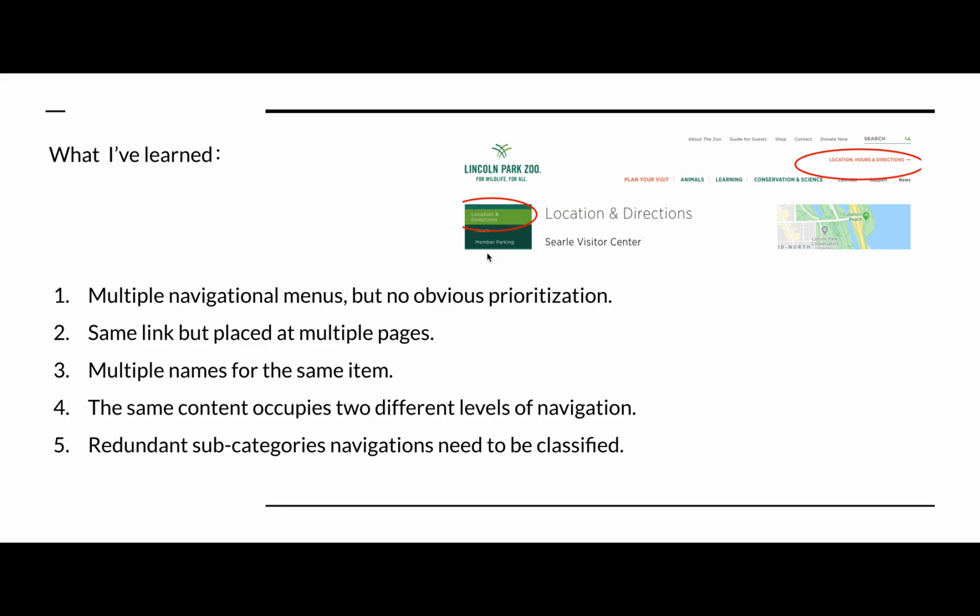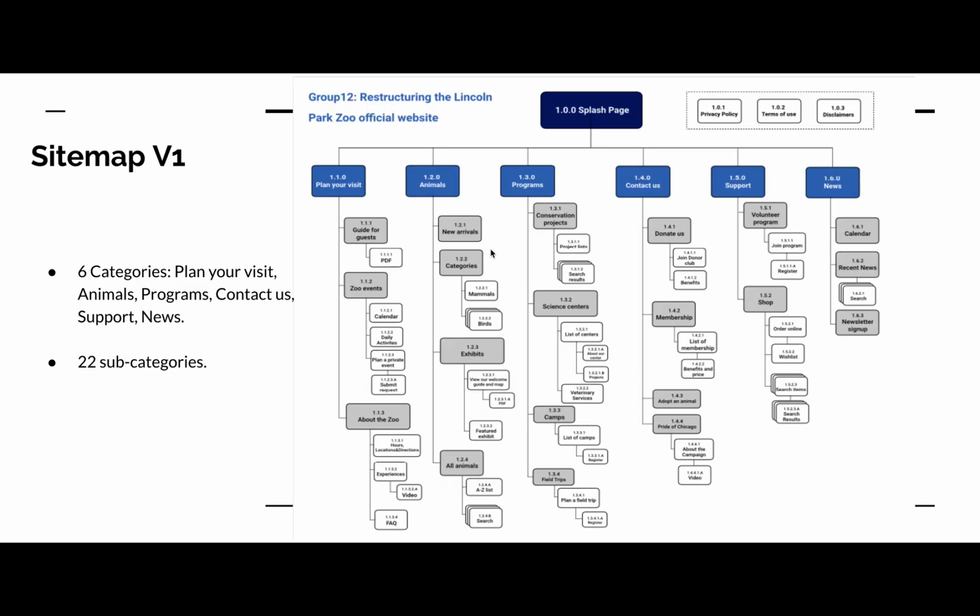Based on this, I did the first version of the sitemap. I classified the 2 navigational menus into 6 categories: plan visit, animals, programs, contact us, support, and news, and classified the 51 subcategories into 22.